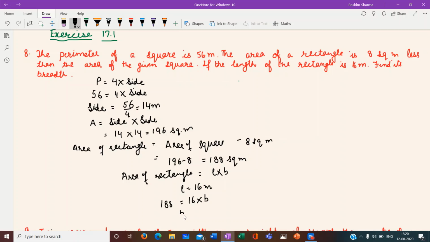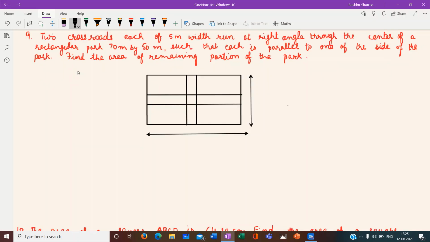So we can find breadth is equal to 188 on 16. We can reduce it to lowest terms: 4 4s are 16, 4 7s are 28. So we get 47 on 4, that is 11.75 meter. This is the answer.